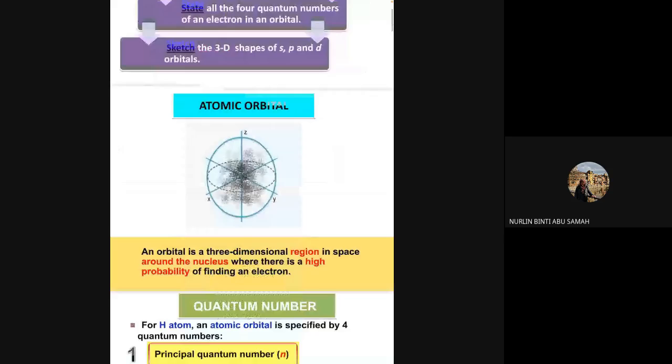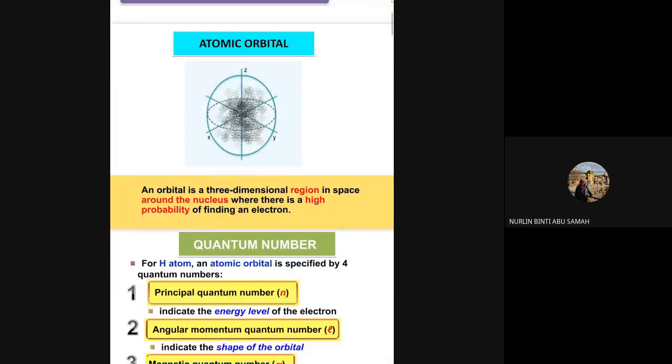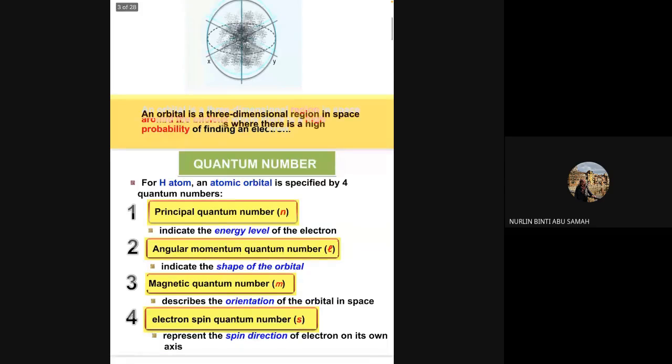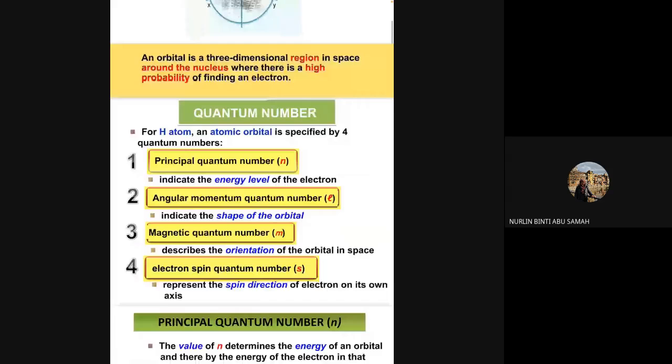So here, when we talk about structure, we must always remember that the orbital consists of 3D axis, okay. So here is the x, y, and z axis, okay. So here we have quantum numbers, okay. The first one is principal quantum numbers.